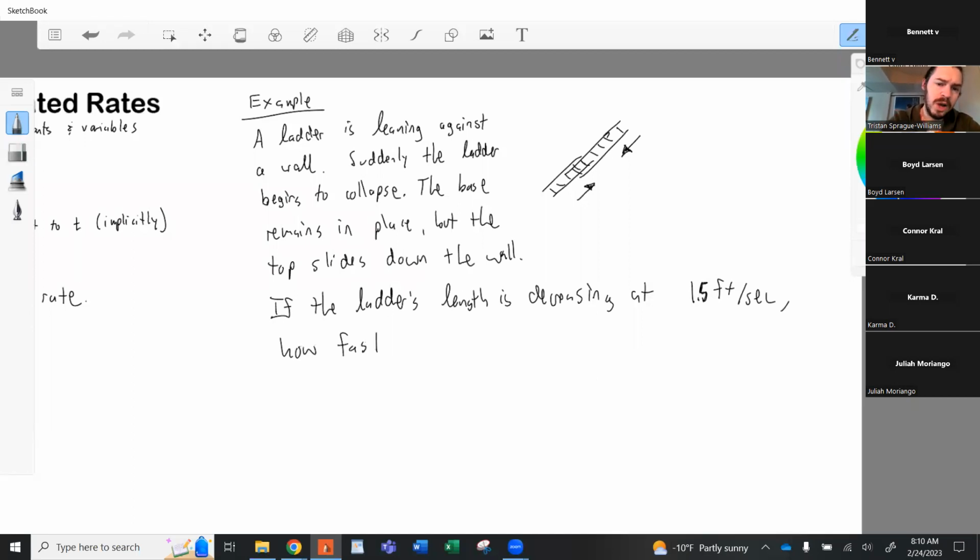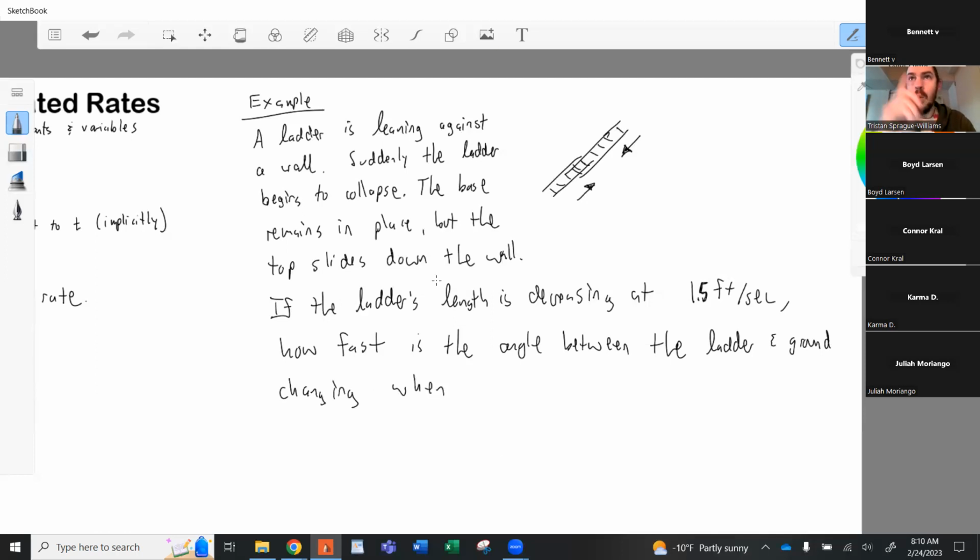And this is the sort of question we always ask in a related rates problem. It's like, if one thing is changing at this rate, how fast is another thing changing? So let's say, how fast is the angle between the ladder and the ground, how fast is that changing when what?